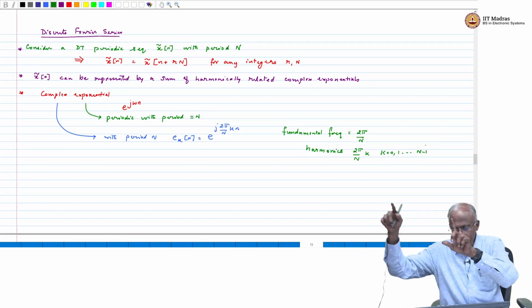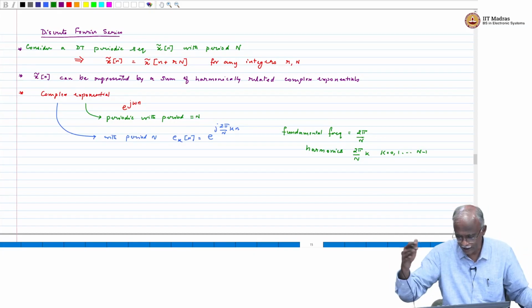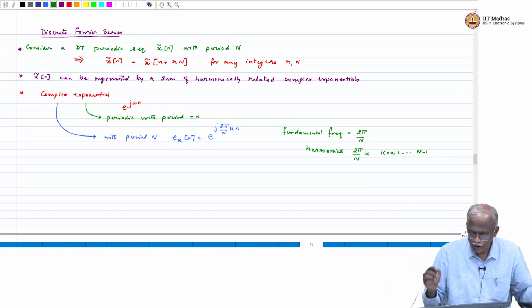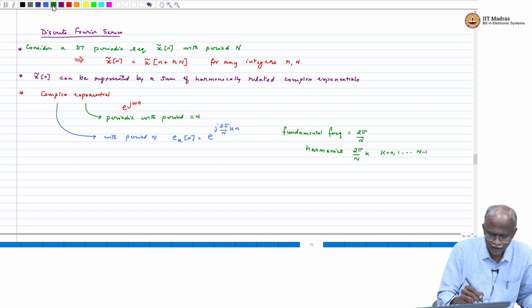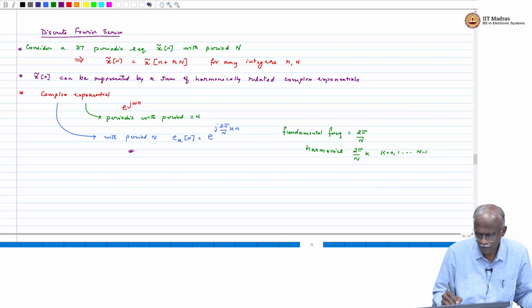Notice that when k becomes equal to N, you get back the frequencies; they start to repeat once you go beyond that. So the number of distinct sinusoids is equal to N.